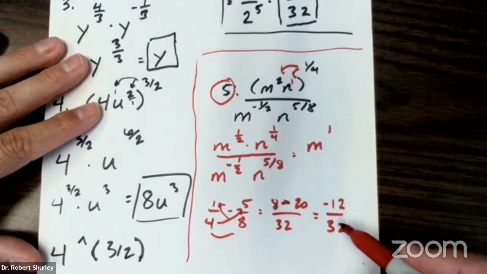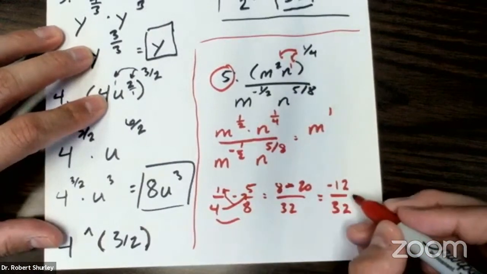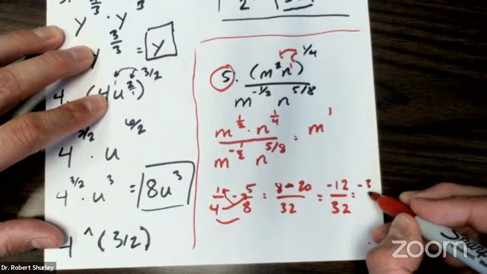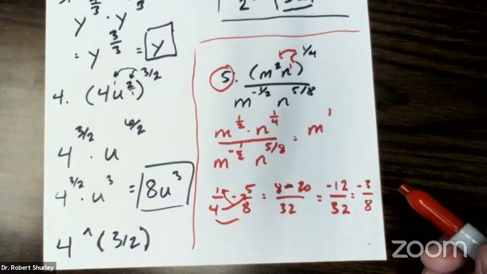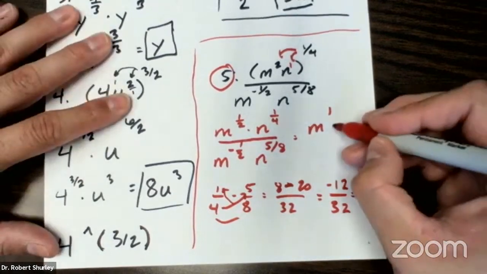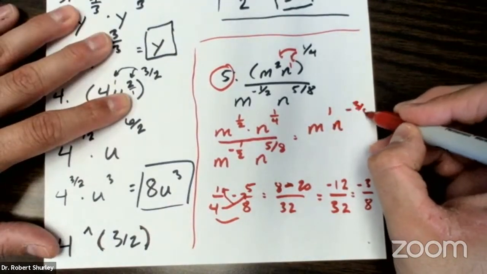They're both divisible by 4, though, correct? So this is going to be negative 3/8, right? Negative 3/8. So let me make sure, yeah. Negative 3/8. So we get n to the negative 3/8.